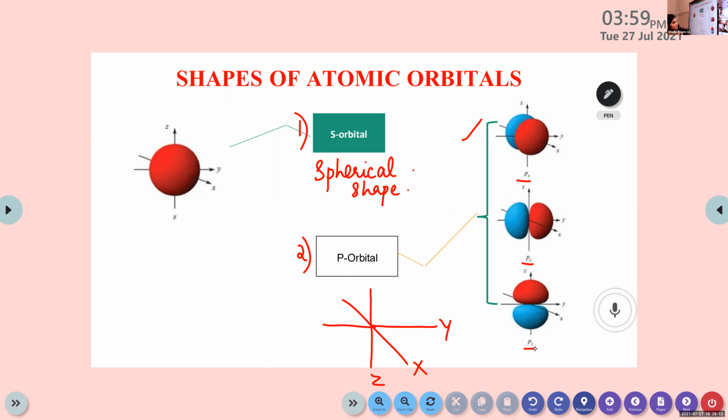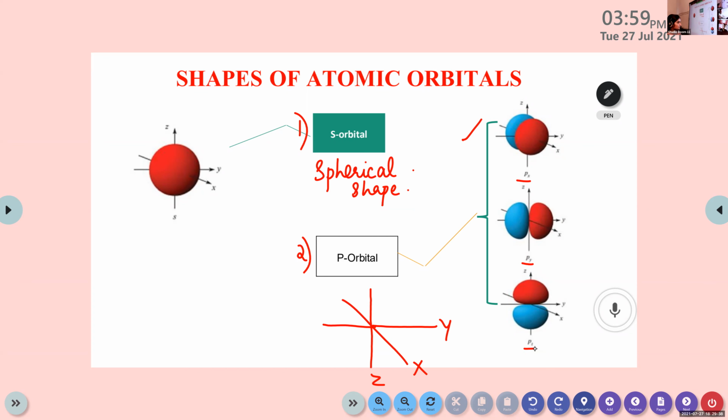If it is not clear, you can look at it in your textbook. If you change the axis, it's not a problem. You have to mention 3 types of axis. If you draw the x-axis in the horizontal direction, it's okay. Vertical direction, it's okay. But there are 3 axes, and the 3 orbitals should be drawn in 3 separate axes. Clear?